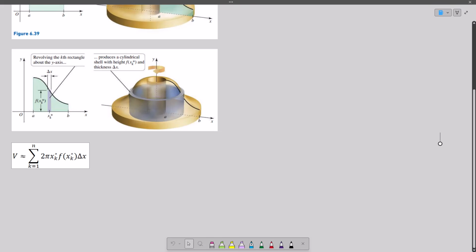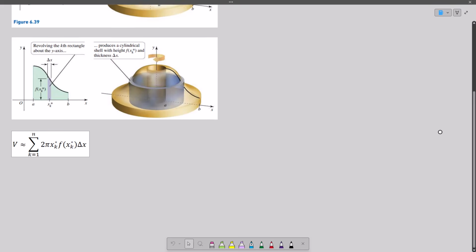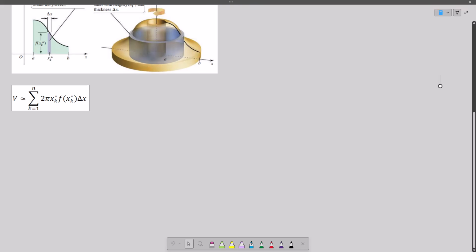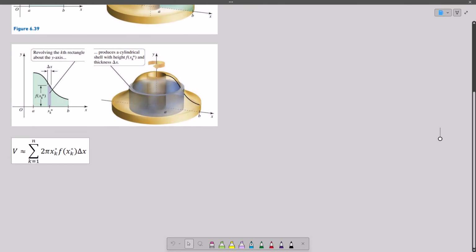The area of a cylinder is the circumference of the base, 2 pi r, multiplied by the height. That's what this is representing. This x point right here is representing the radius of the cylinder at x sub k star. That distance right there is the radius of the cylinder if you were to rotate that around.